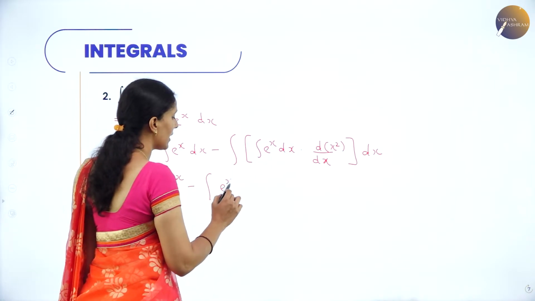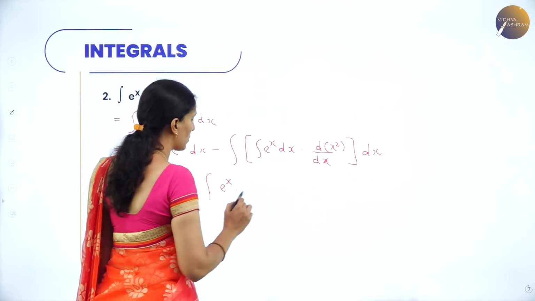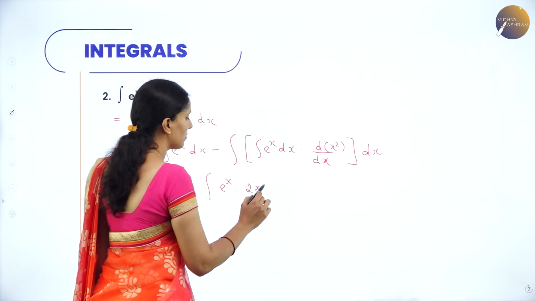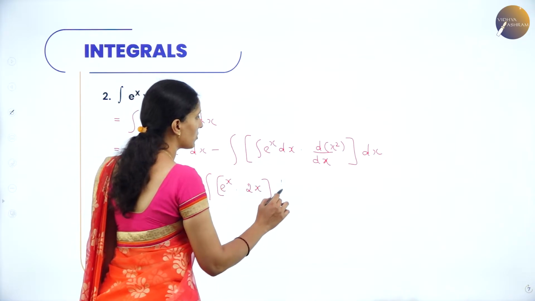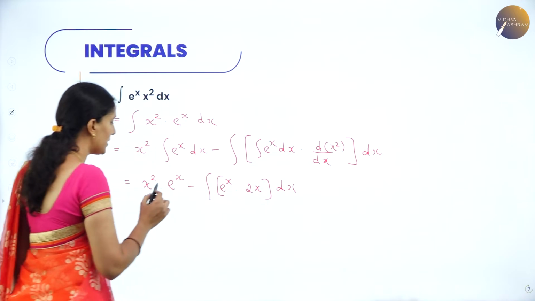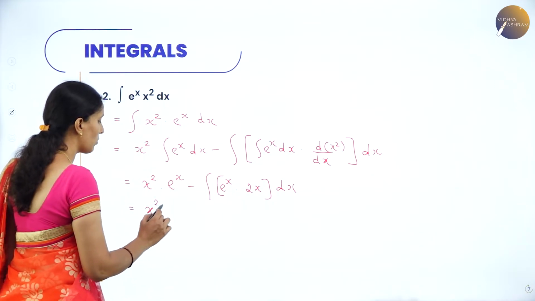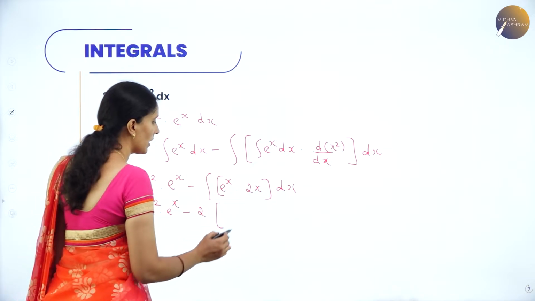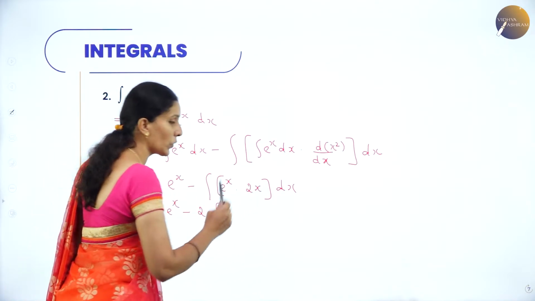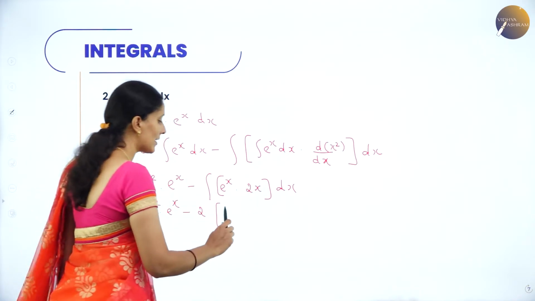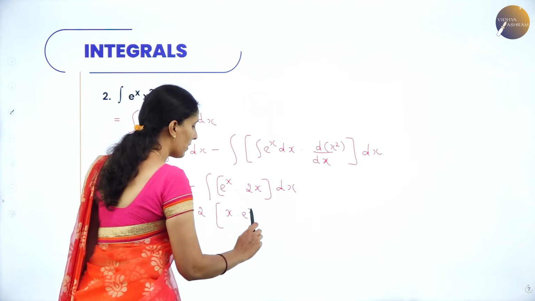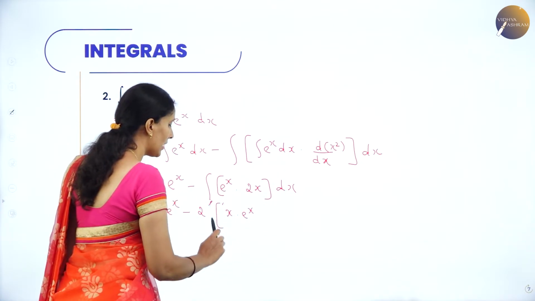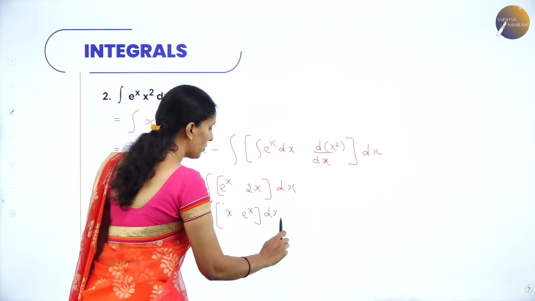It is e power x again. What is the derivative of x square? It is 2x with respect to dx again. Let me take 2 outside. We have x square e power x minus 2 times, here again we have e power x into x, a product form. So let us write x into e power x. Let us apply integration with respect to dx.